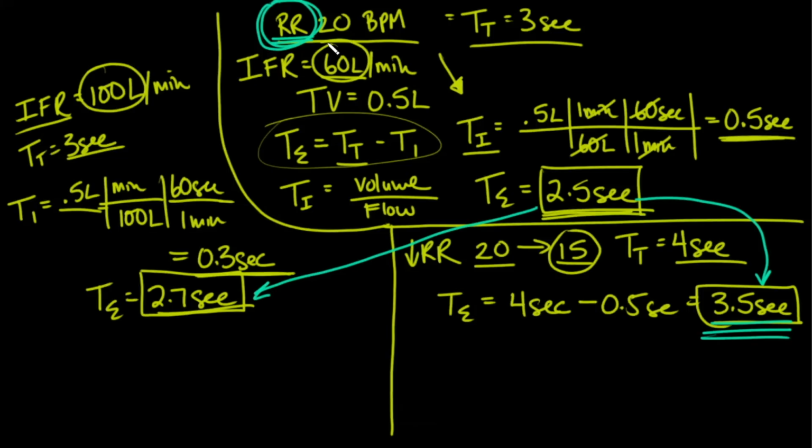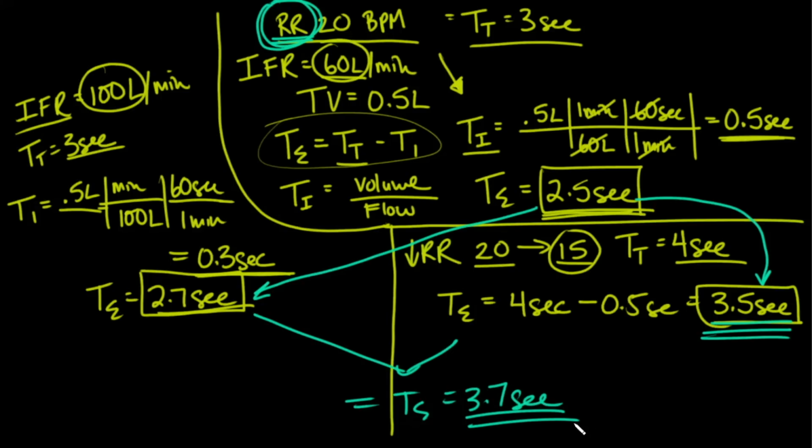And it's important, especially in these patients who have asthma, especially in these patients who have anxiety, where they're hyperventilating because they're very nervous. This is going to make dynamic hyperinflation even worse than it already is. Of course, if you were to do both of these changes at the same time, your new T expiration would be 3.7 seconds. So do both, but remember that it's the respiratory rate that is the most important change that you can make.